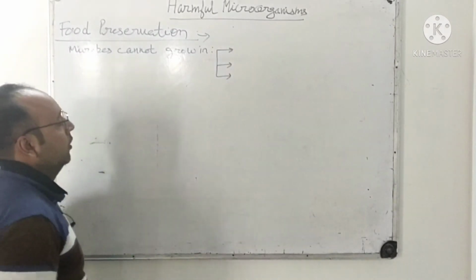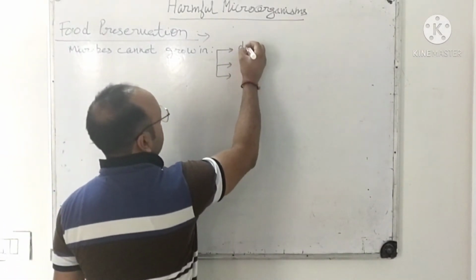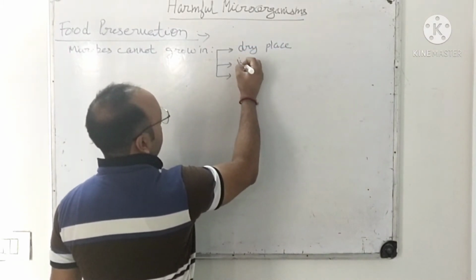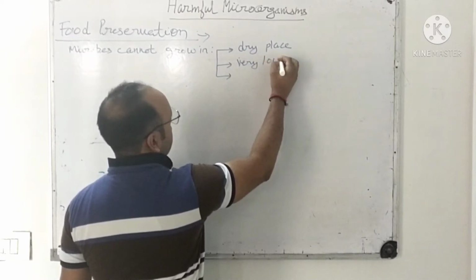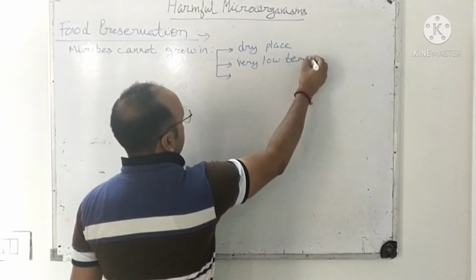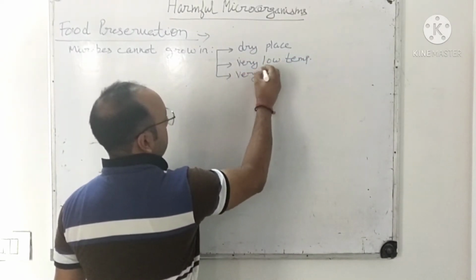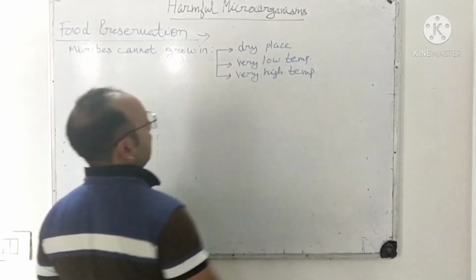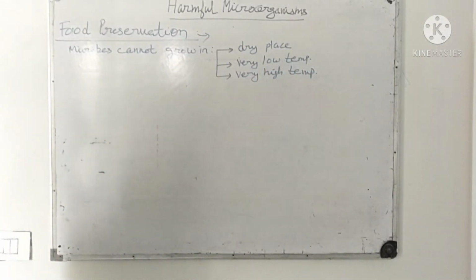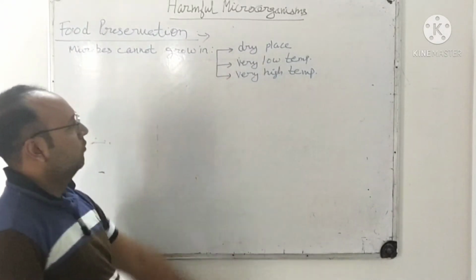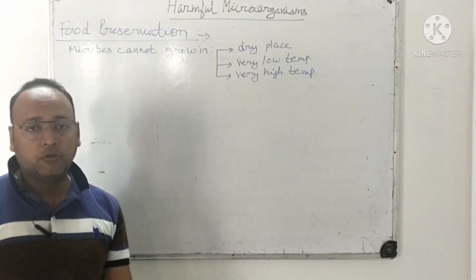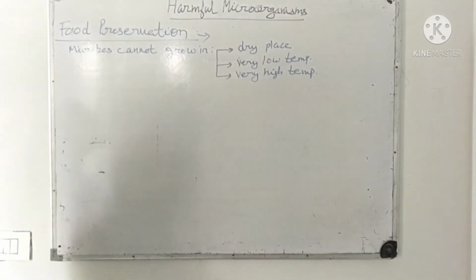These three things: a dry place, very low temperature, and very high temperature. So these three things we can keep in mind while storing the food. So these are followed up.